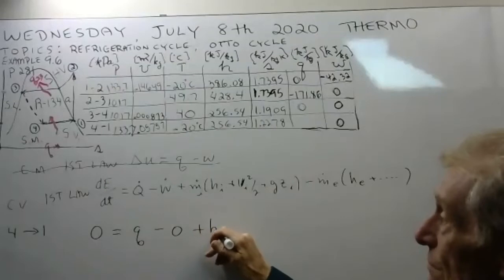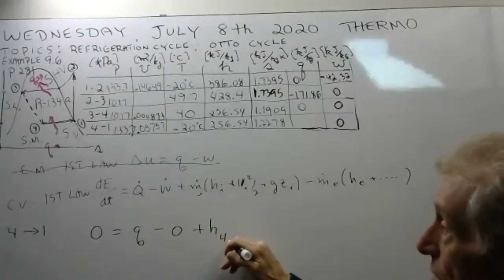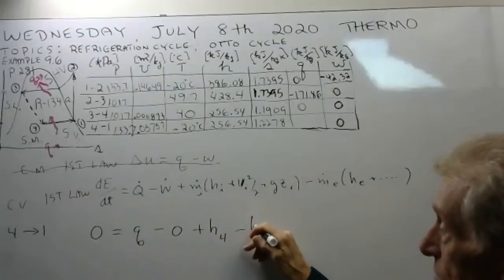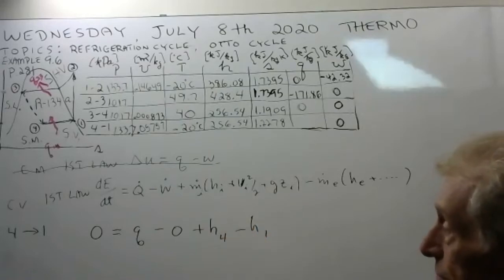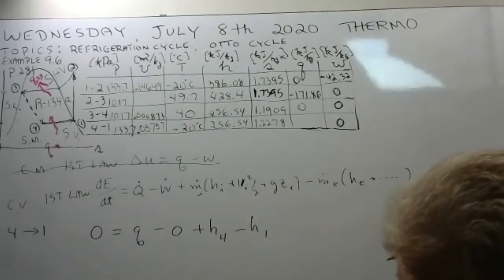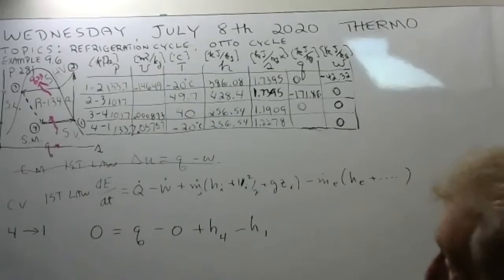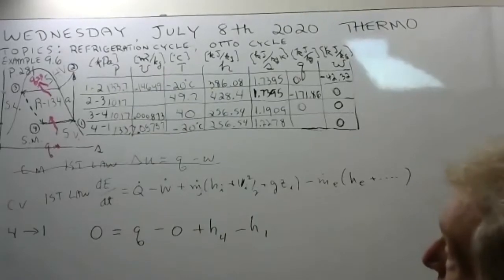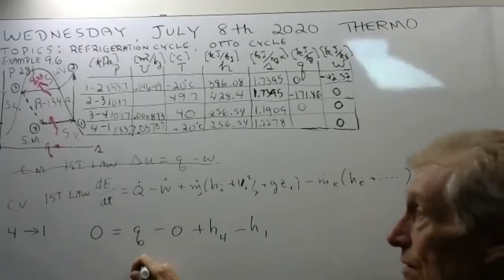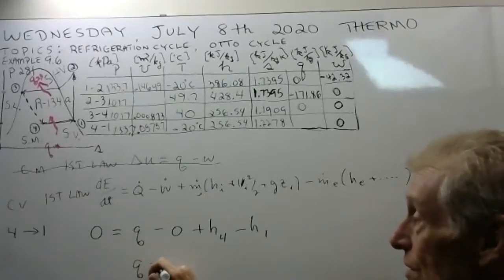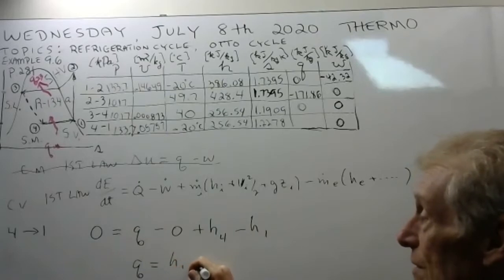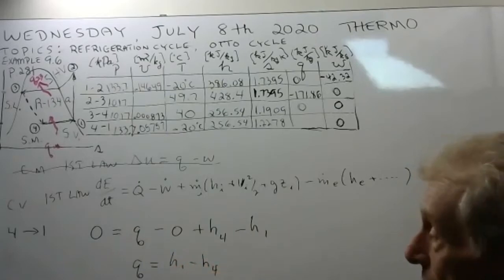And you'll have H of 4 minus H1. So we'll put that in our calculator and see what we get here. Let's see, H. Well, now wait a minute, algebra students. You're going to have to do this, aren't you? There you go.